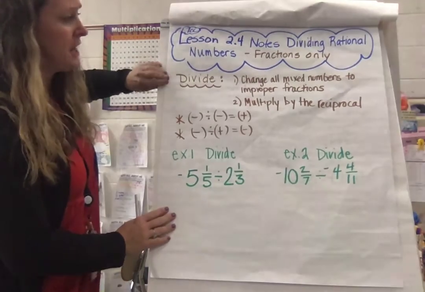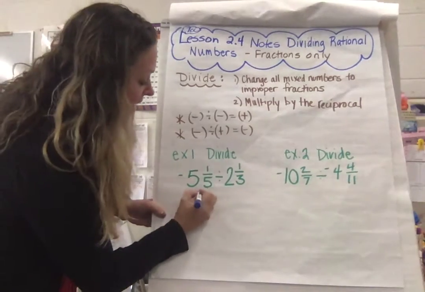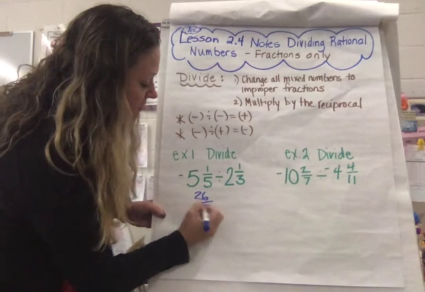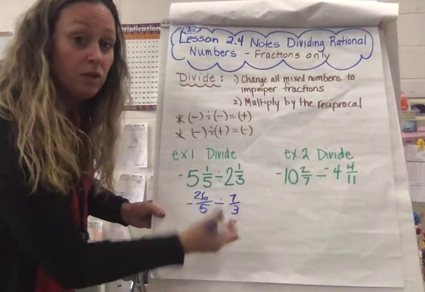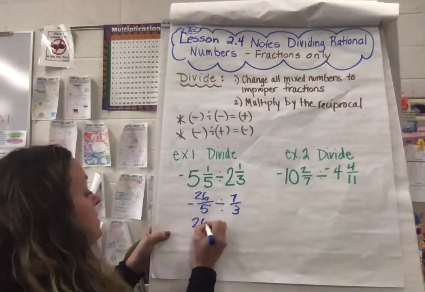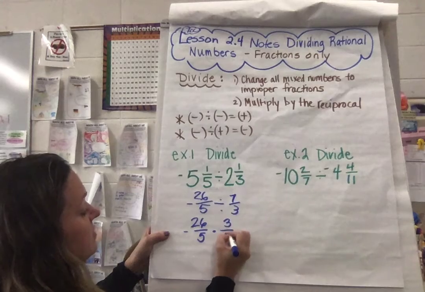So I'm going to follow the steps in changing both of those mixed numbers to improper fractions. I have 26 over 5, that's negative, and I'm going to divide that by 7/3. I'm then going to rewrite it as 26 over 5, that's negative, times 3 over 7.